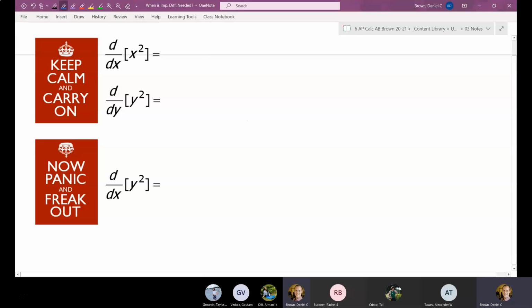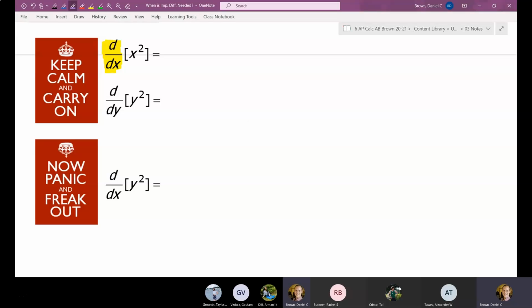Like that first problem, I see the d dx of x squared. We know, or maybe we don't know, but we're about to know, this kind of symbol means take the derivative, and that denominator tells you what you're taking the derivative with respect to.